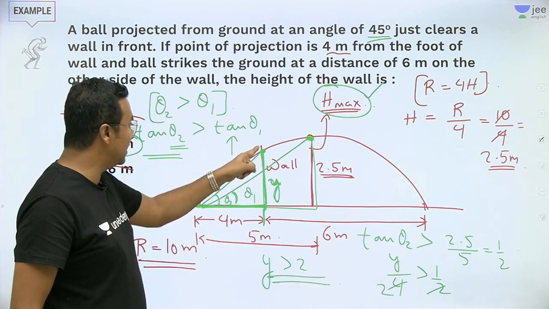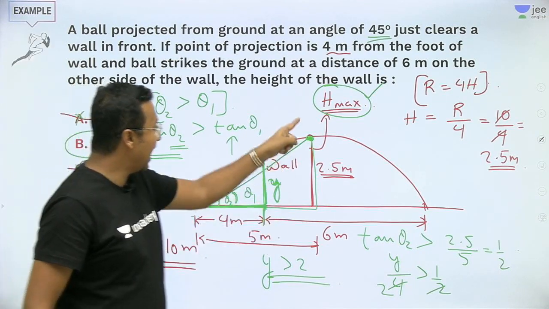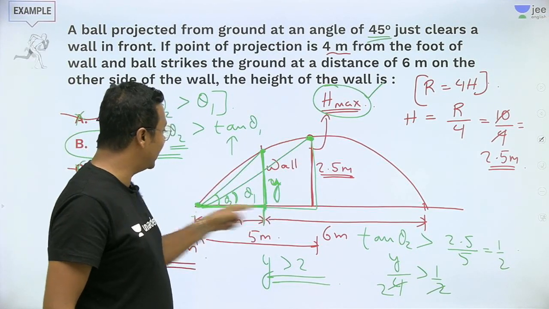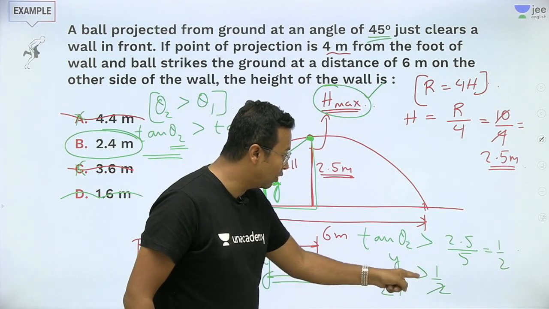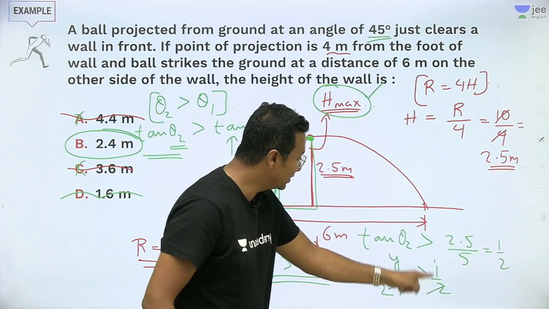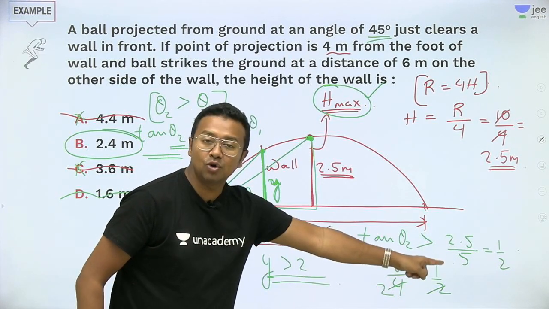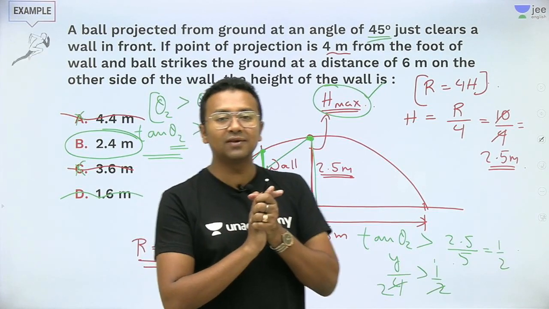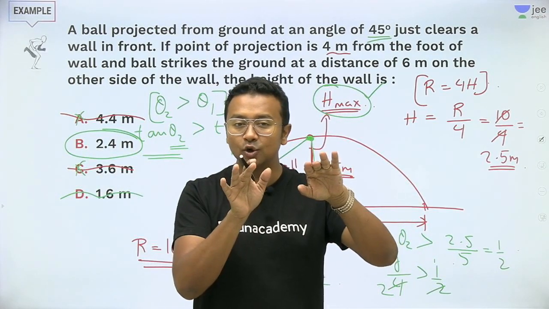Tan theta 2 will be equal to height of the wall divided by 4 units, and tan theta 1 is 2.5 divided by 5, which tells me y divided by 4 will be greater than 2.5 divided by 5, which is half. So this is 1 divided by 2. So y will be greater than or equal to how much? 2. So we got the value of y to be greater than 2 and less than 2.5.